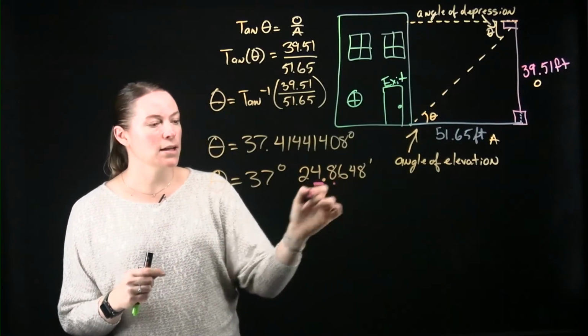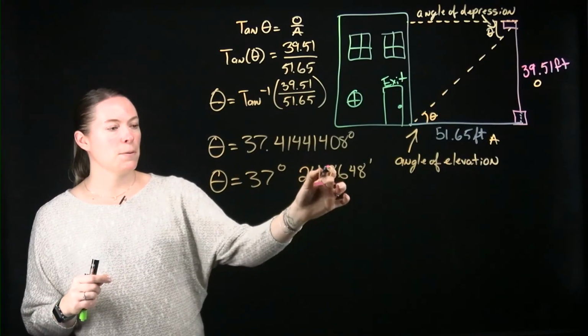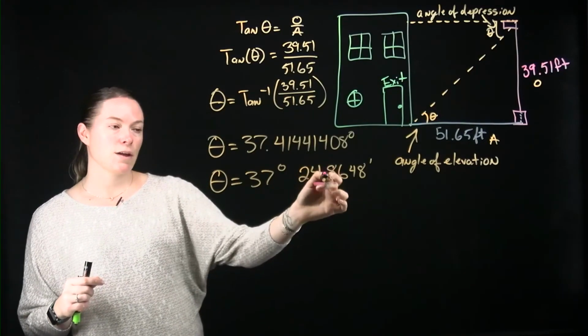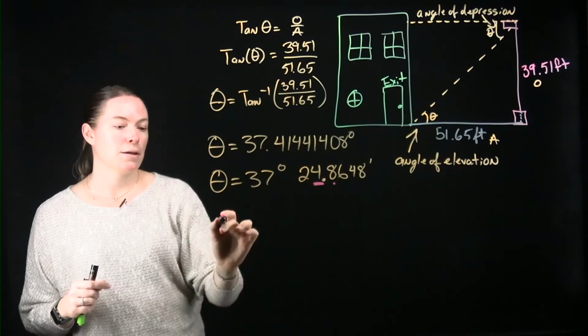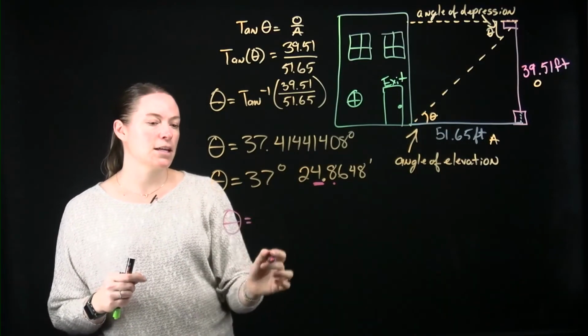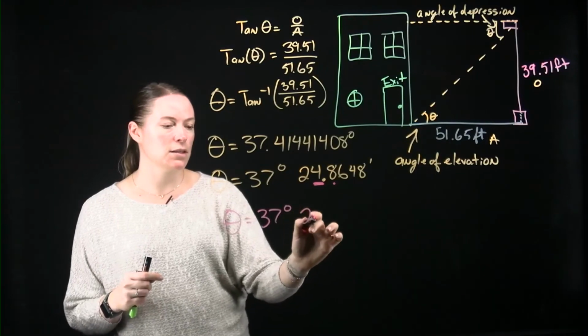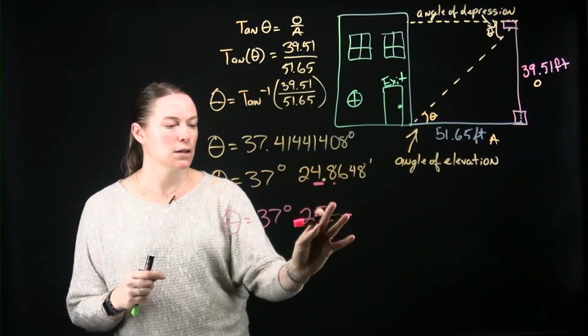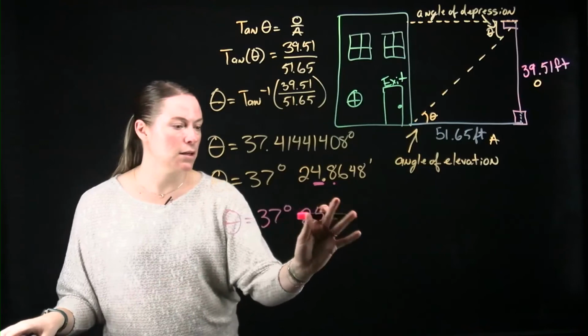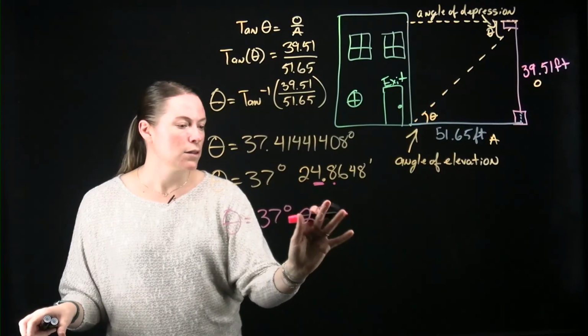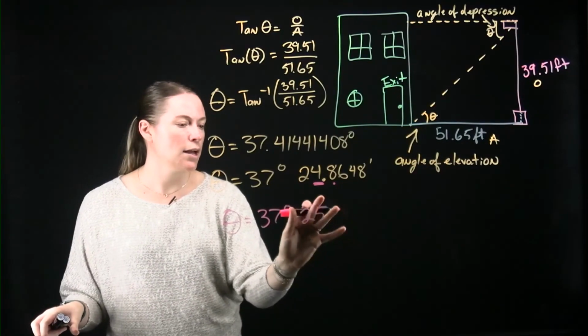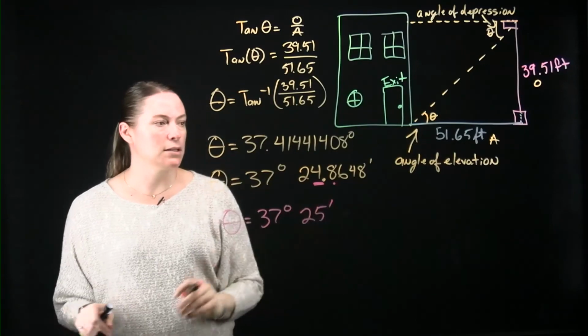So I'm going to look right next door and determine if I need to round up or down. Based on the fact that we have the value of 8, I'm going to round up. So my answer for theta, which will be my angle of depression and my angle of elevation, thanks to alternate interior angles, is going to end up being 37 degrees and 25 minutes.